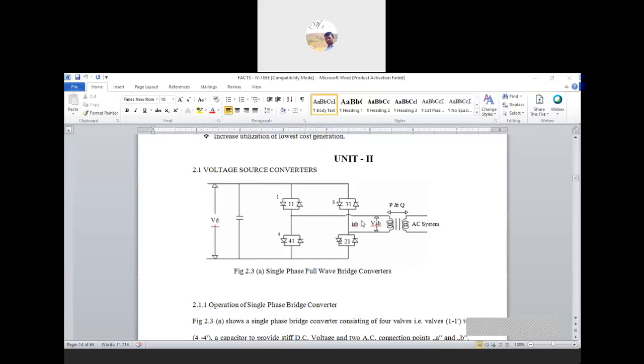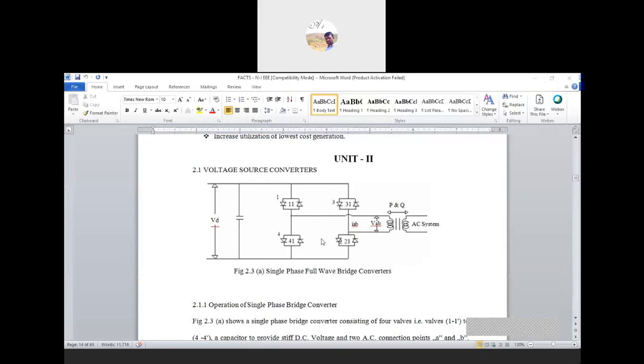Okay, this will be in this way. Just wait, let us simplify. So here, at another instant, the current will flow like this.